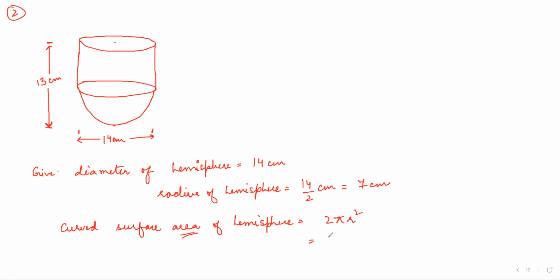So put everything. You have to take pi as 22 by 7. If it is given in the question to take 3.14, then put 3.14. Otherwise, you can take 22 by 7 into r. R is 7 into 7. So one 7 will cancel out and then you multiply. So it is like 44 into 7. 7 into 4 is 28. Carry 2 and 308 centimeter square. Right?